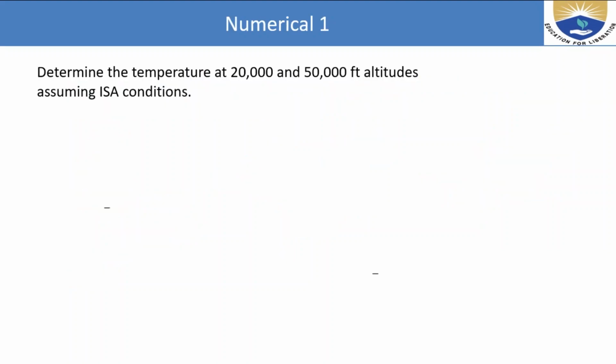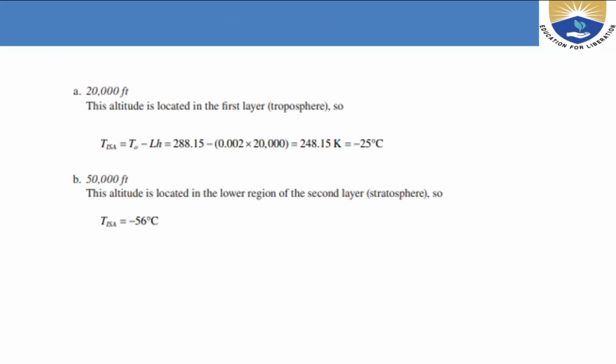Determine the temperature at 20,000 feet and 50,000 feet altitude, assuming ISA condition. So at 20,000 feet, this altitude is located in the first layer, that is the troposphere.